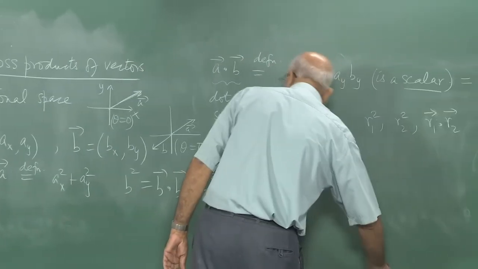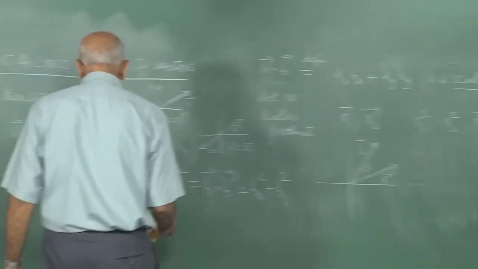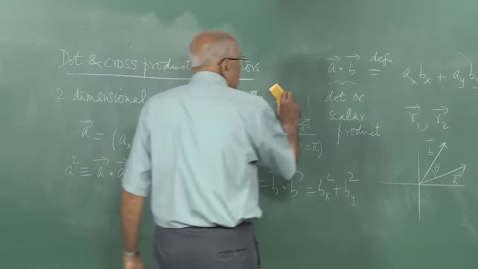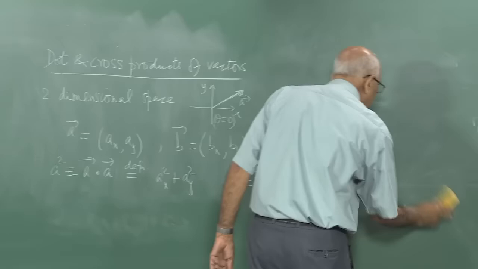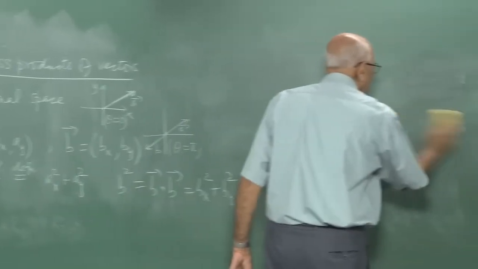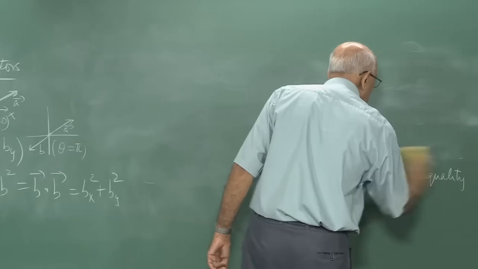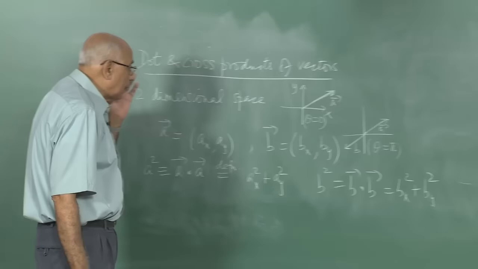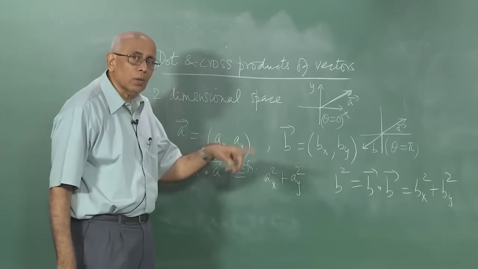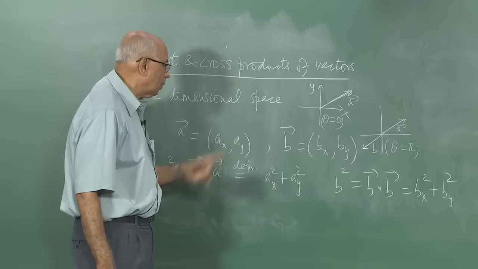Okay, so now that we have this elementary thing done, let us look at what else we can do with these two vectors. The other thing we could do, and incidentally I need a little bit more elegant notation because I am going to talk about this in higher dimensions, and we will come to that in a minute.